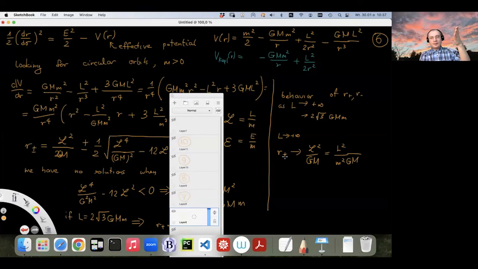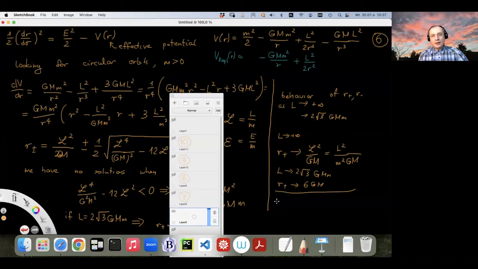So the position of R plus, the stable orbit, is very close to the one predicted by the Keplerian law. On the other hand, when L goes to 2 square root of 3 GMm, R plus decreases and goes back to 6GM. That's also fairly obvious.